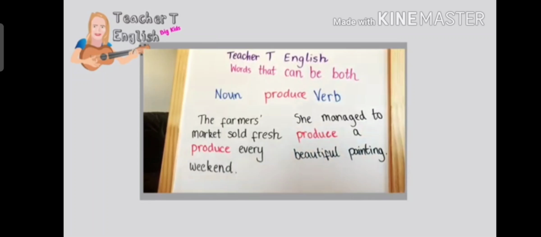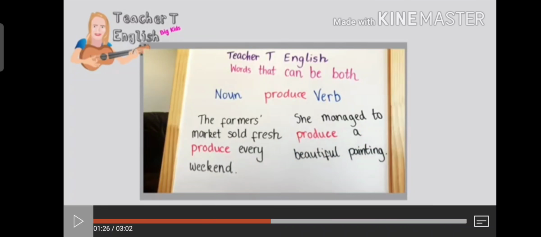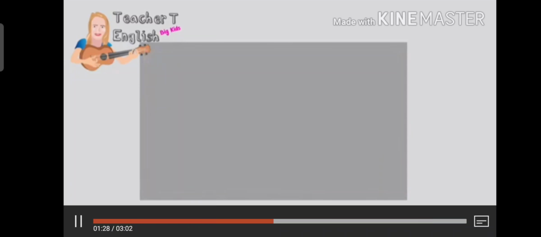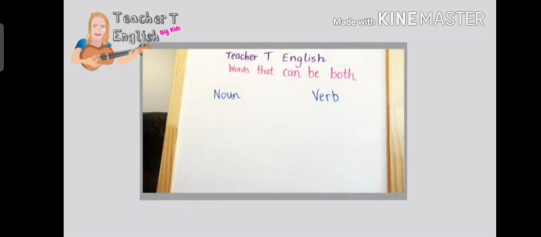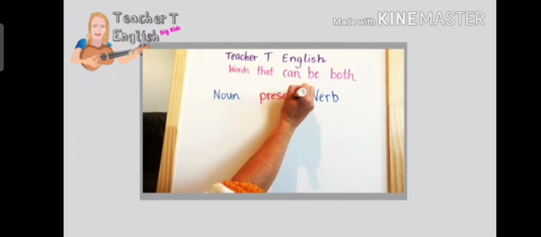And in verb, it's very easy to frame a sentence. So dear students, this is how we usually learn about noun and verb. So here we also have words that can be both noun and verb.